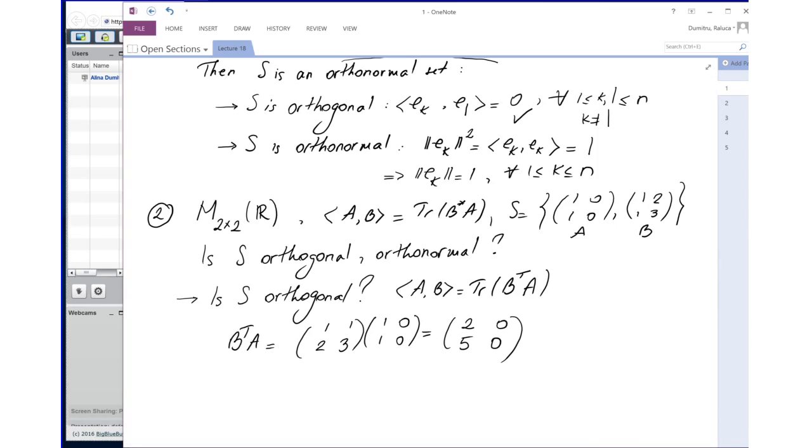And its trace is 2, right? In conclusion, the two matrices are not orthogonal, so my set is not orthonormal. If it's not orthogonal, it has no chance of being orthonormal, because orthonormal means orthogonal plus something else, right?